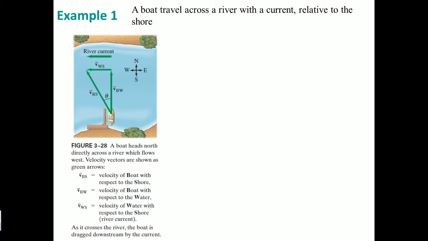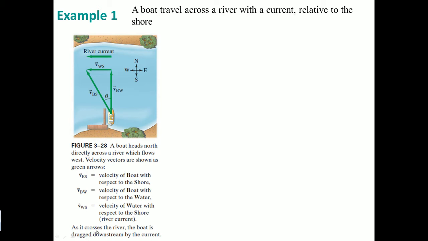Okay, so in your class you might have done some of these problems. So this is a boat that is going across a riverbank, and its velocity is actually going to change. Here, the boat heads north directly across the river, which flows west. The velocity vectors are shown in the green arrows.